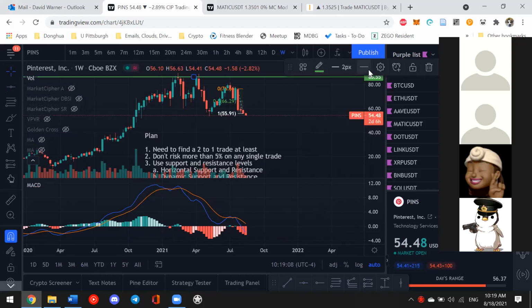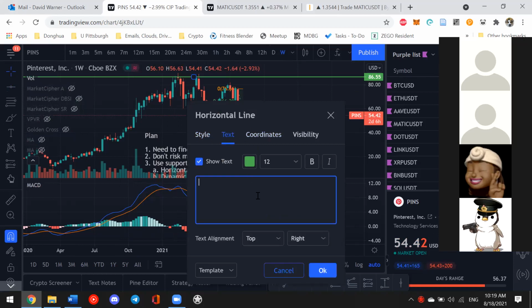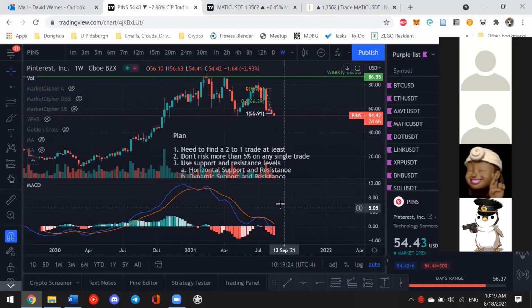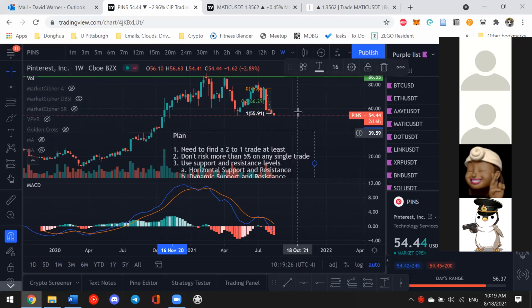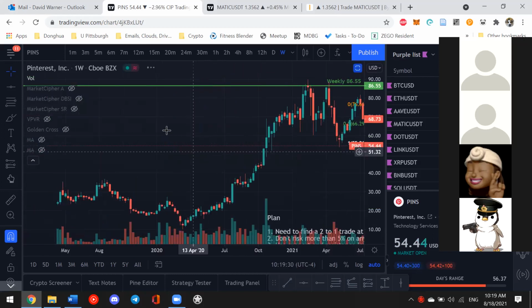So weekly, you'd always want to label it with the time frame and the price, like weekly 86.55. You would do this for any important level.